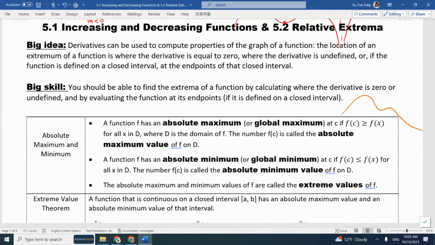Okay, everybody? So this is an absolute maximum. How about this point? Is this the absolute maximum?